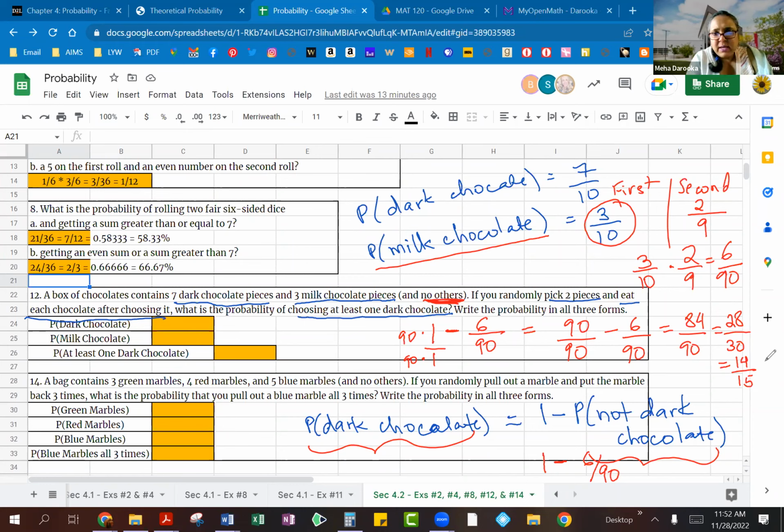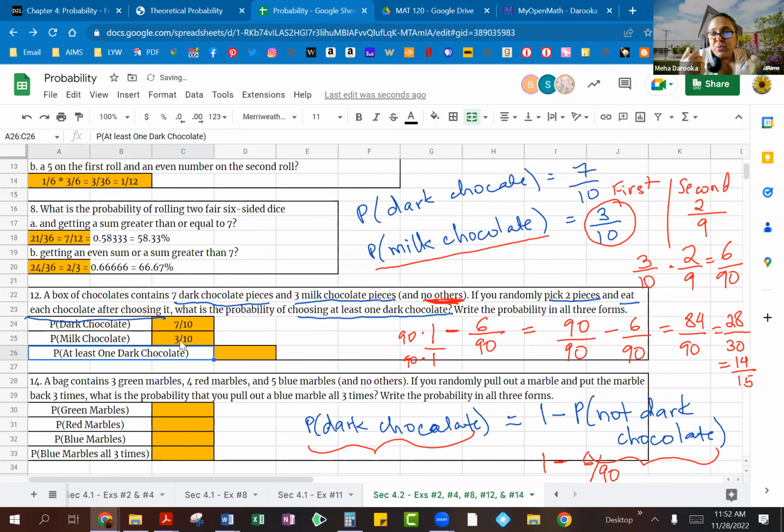So just to kind of recap what we're talking about here. So you are starting out by looking at each individual probability. So just about talking about, okay, we have a total of 10 chocolates. 7 out of the 10 are dark chocolate. So that's our probability for the dark chocolate. For the milk chocolate, it's going to be 3 out of 10.